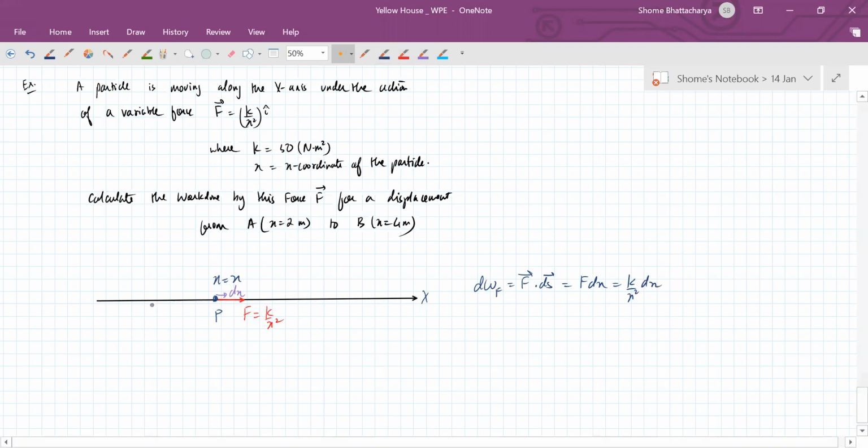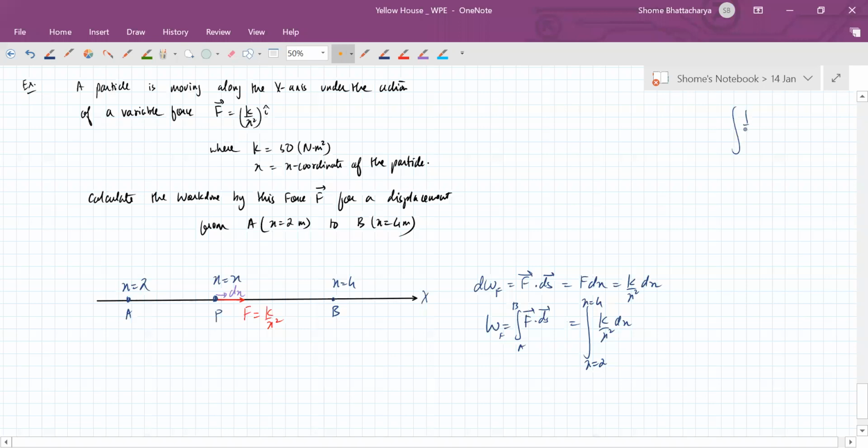So now if the particle is going from this position A, let's say, where x was equal to 2, to this position B, where x has become 4, the work done will become this quantity. So it will become k by x square dx, integrated from x equal to 2 to x equal to 4.